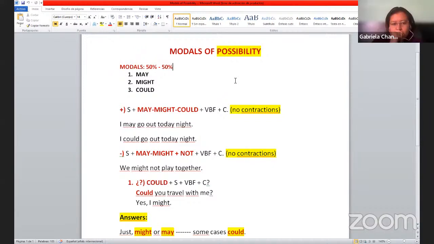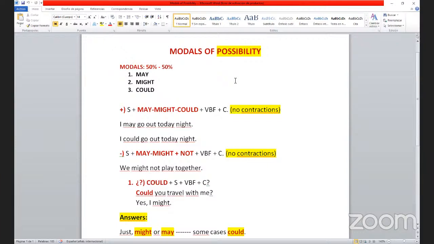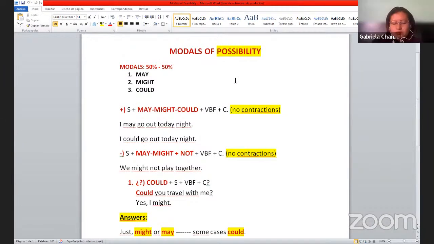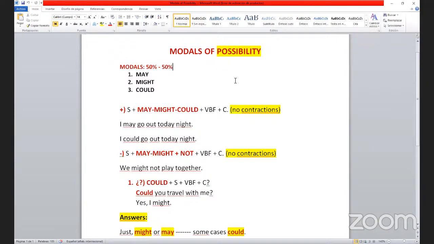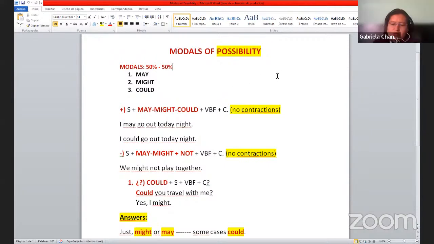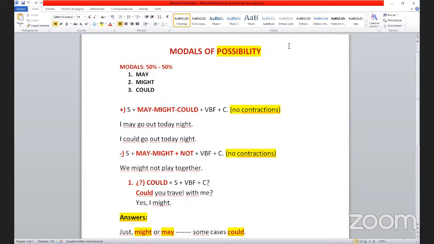Something that is 100% certain, not a possibility. That is the question.